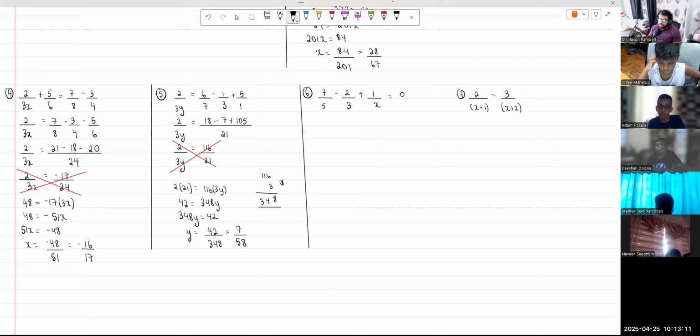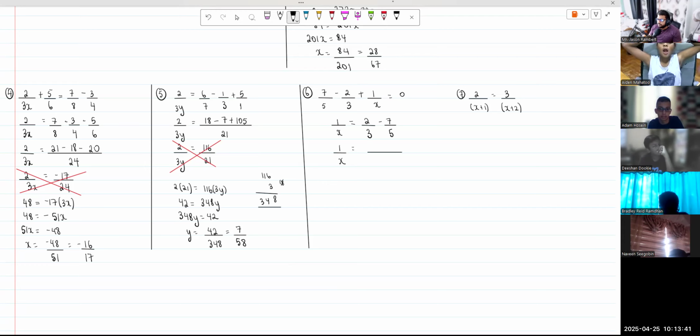If I wanted, I could calculate the big denominator here and go ahead and work out my LCM. Or I can leave the 1 over x and move the next two fractions. Those are regular fractions. When I move it across, I get positive 2/3, and I decide to put the positive 2/3 first, minus 7 over 5. I decide to put that second. 1 over x remains as 1 over x.